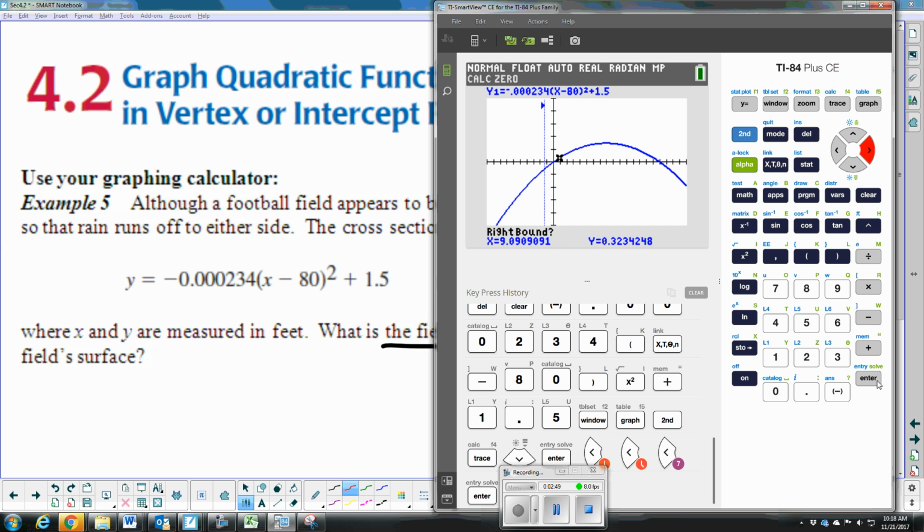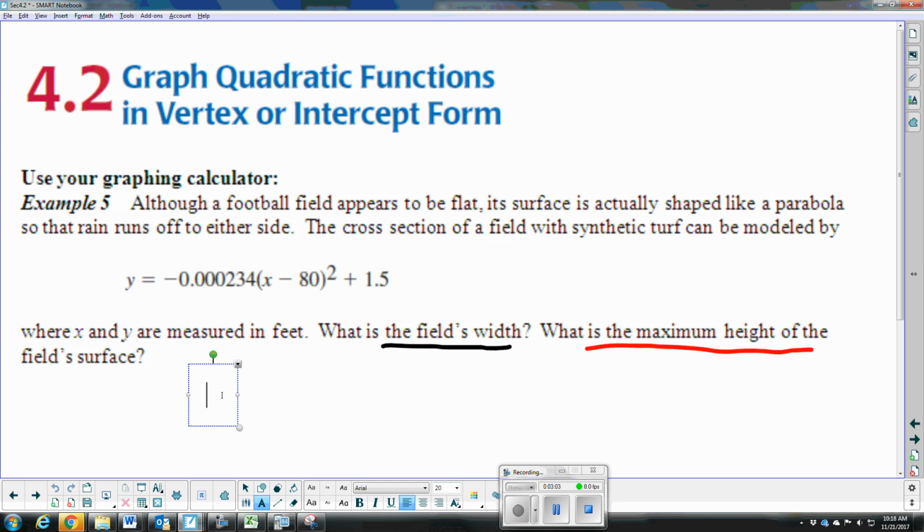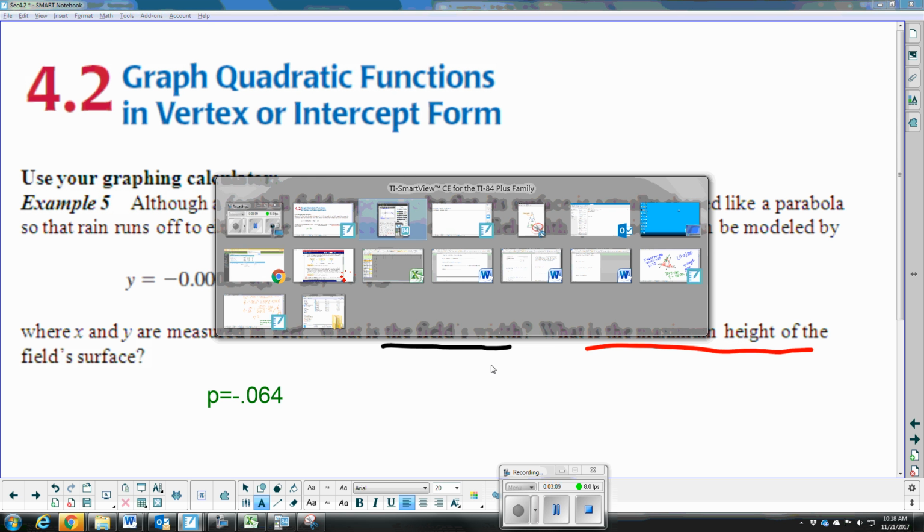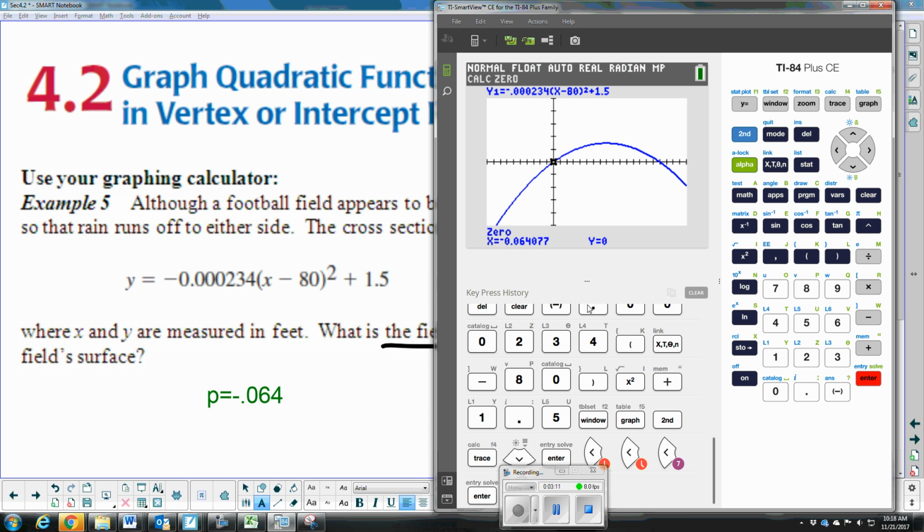And then it'll ask you for the right bound. Then you can calculate that, and we get negative 0.064. So that's our p value. P is negative 0.064.